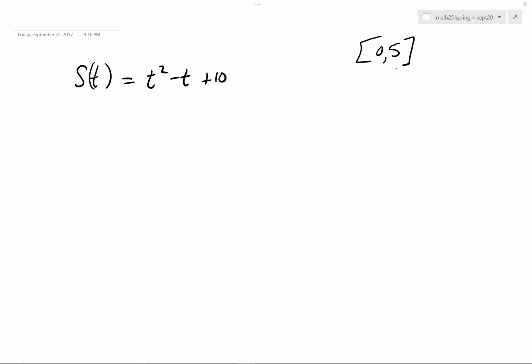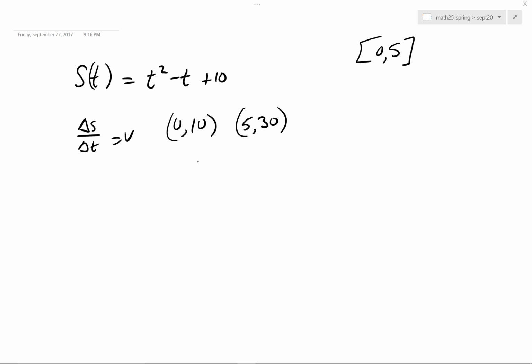What is the average velocity? Well, average velocity is another way of saying average rate of change, because change in position over time is velocity. So at 0, he's at 10. And at 5, he's at 25. 20 plus 10 is 30.